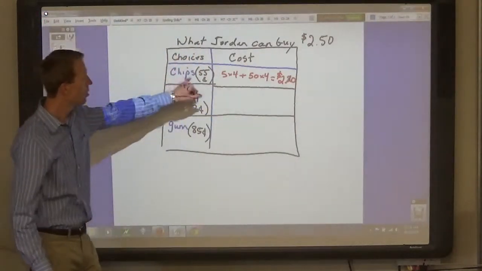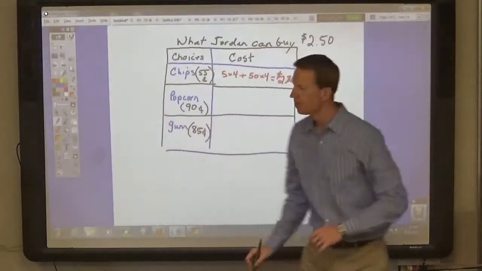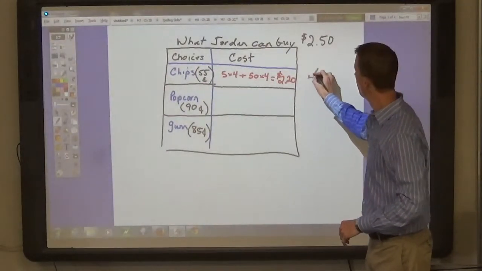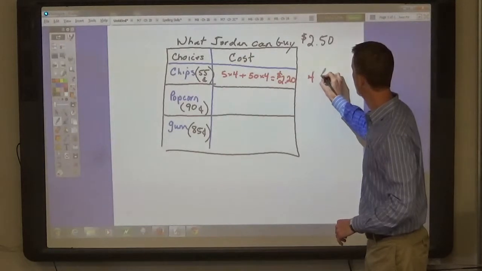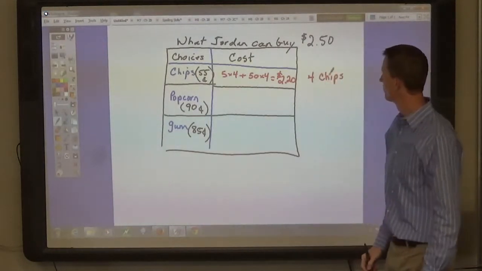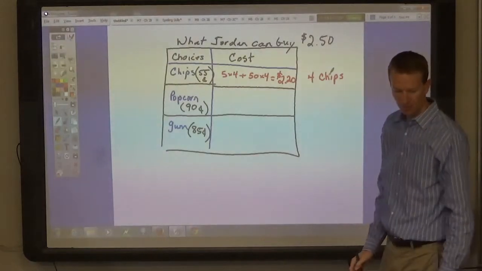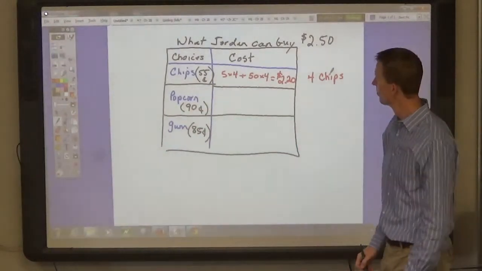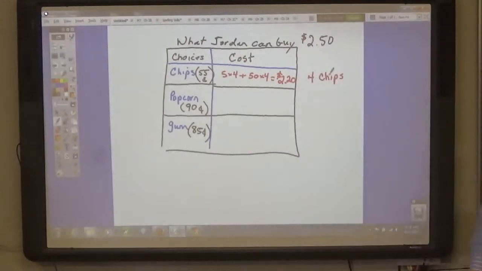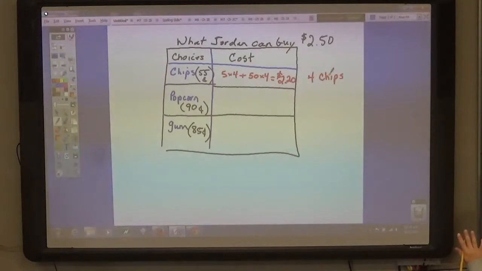So, for chips, how many could he buy? This proves that he could buy how much? 4 bags, right? Or 4 chips. How about popcorn? Carson. 2.